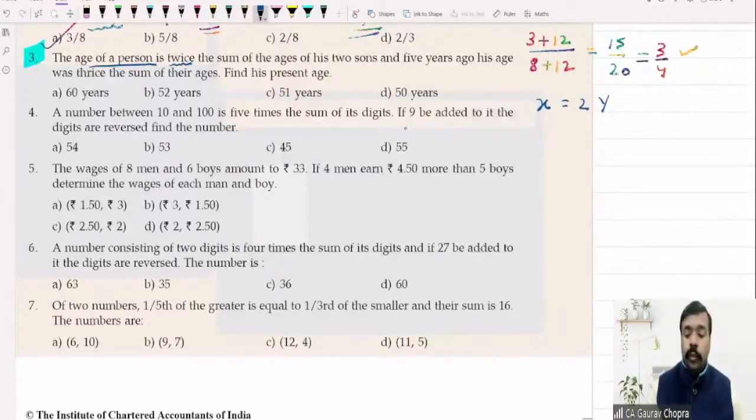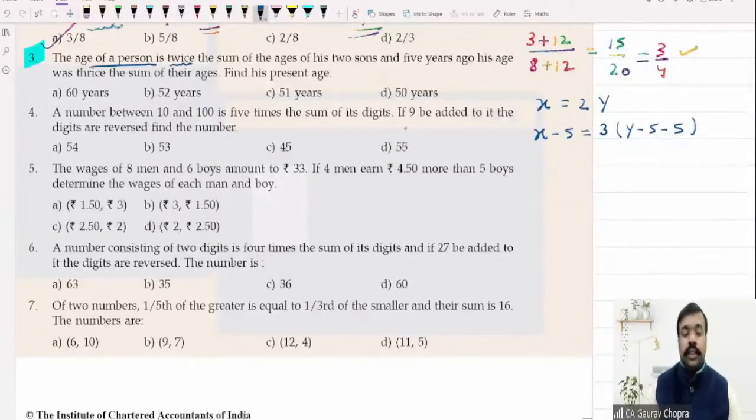And 5 years ago, that means 5 years before, it was x minus 5, and the sons' sum will be y minus 5 and minus 5, because the age of both sons will reduce by 5. Then it was thrice, that is 3 times. Then find his present age.